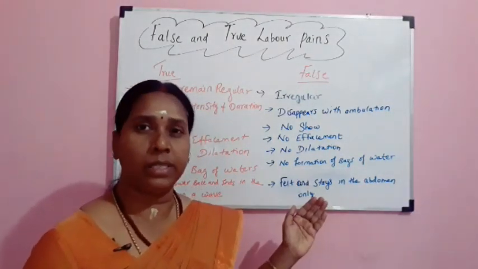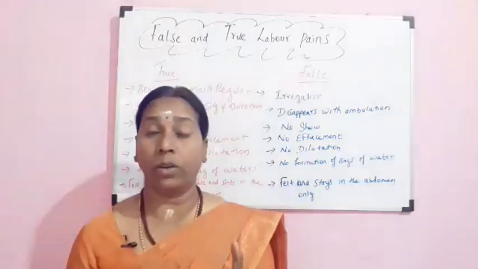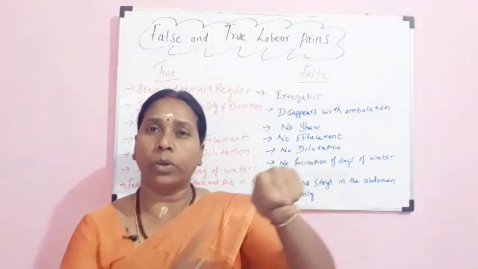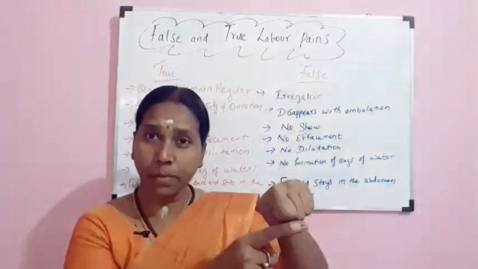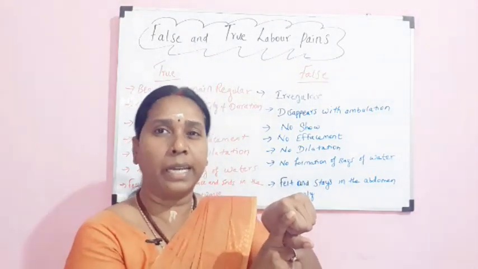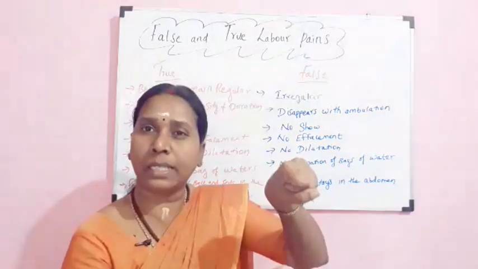And then comes the dilatation. What is dilatation? I said already, the cervix is a locked, sealed area. This cervix will open only when the labor is initiated. When the labor begins, the cervix starts dilating.